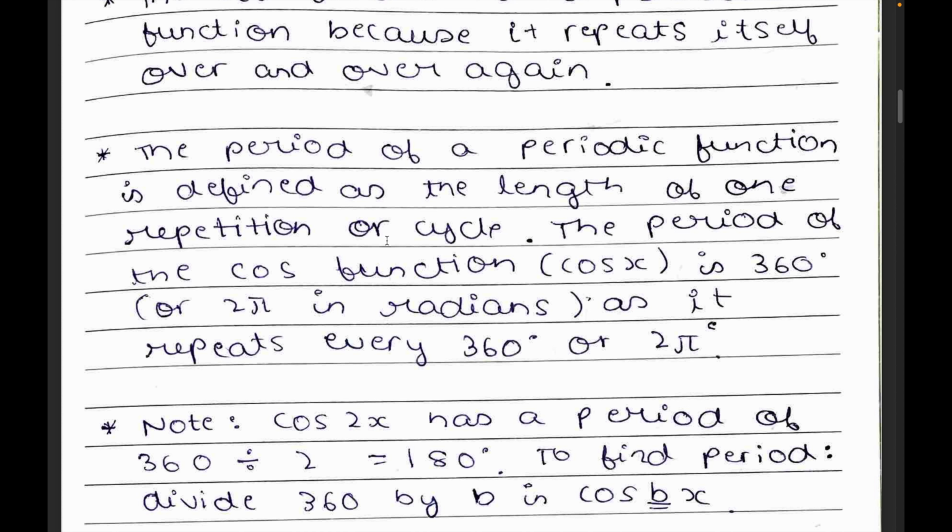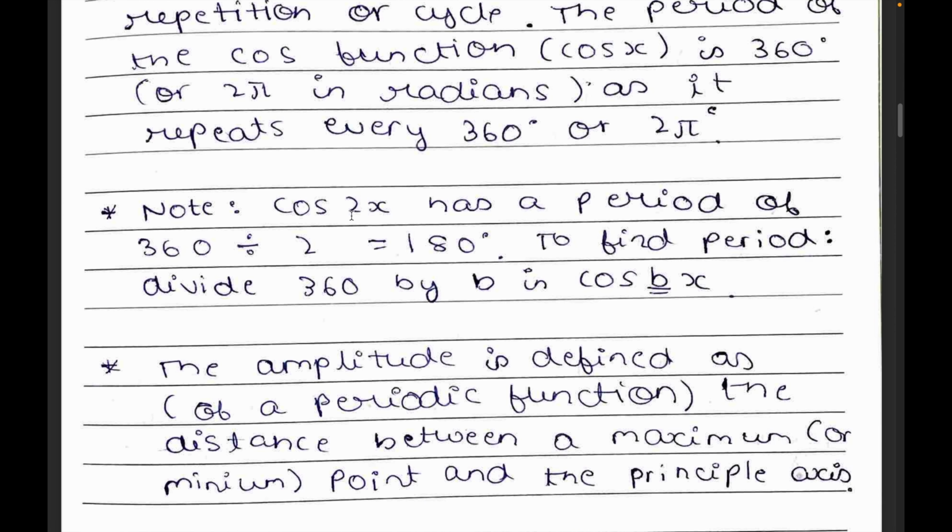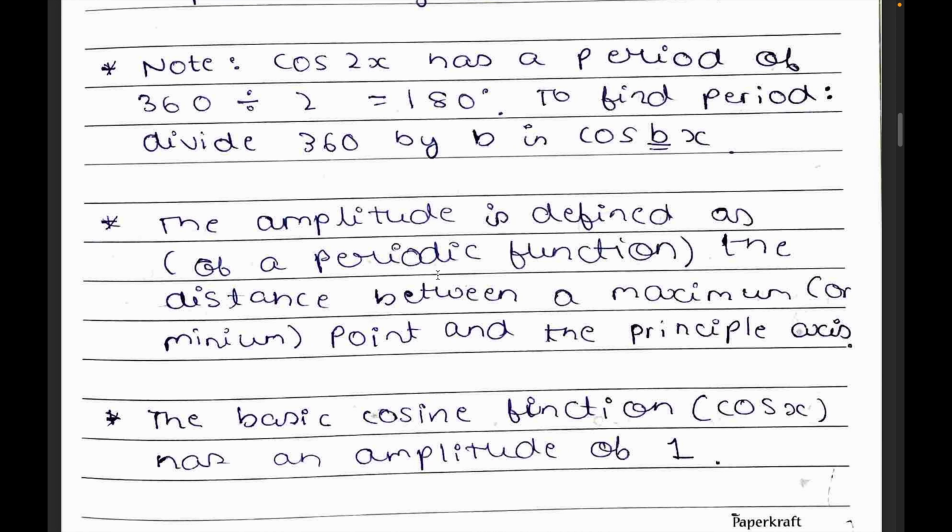We've already gone over it, so I'm just gonna skip this part. It's very similar to the sine x graph. Even here, cos 2x has a period of 360 by 2, which is 180 degrees. So to find the period, we have to divide 360 by b, which is basically cos bx. The amplitude is defined as the distance between a maximum point and the principal axis.